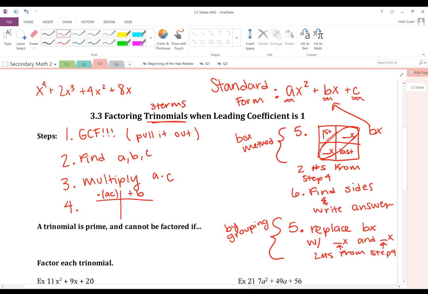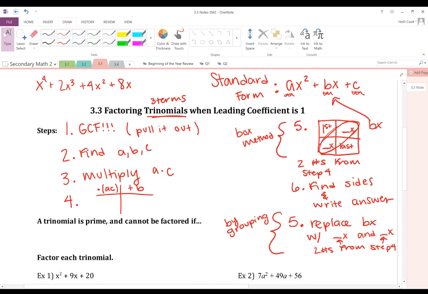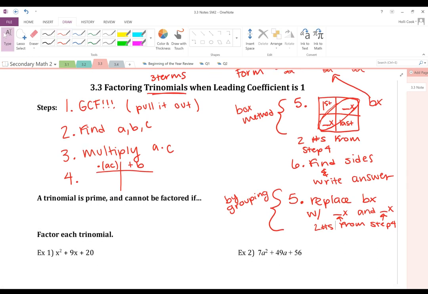These 2 numbers are going to be from step 4, and then you're going to have the x at the end of them. And then step 6, just factor like normal. Make your groups, split it up into your groups, pull out your GCFs, and finish factoring. Again, either way, do whichever way you prefer, whichever one makes more sense to you.